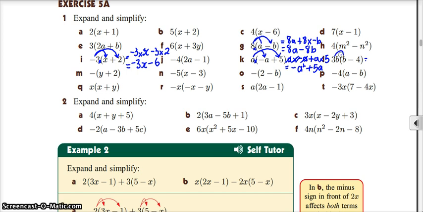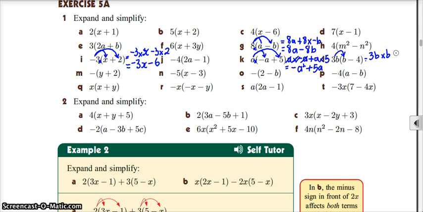Excellent. 3B times B. No, not before. Before I do that, I'll look at what is here. Okay, so what do I write next?